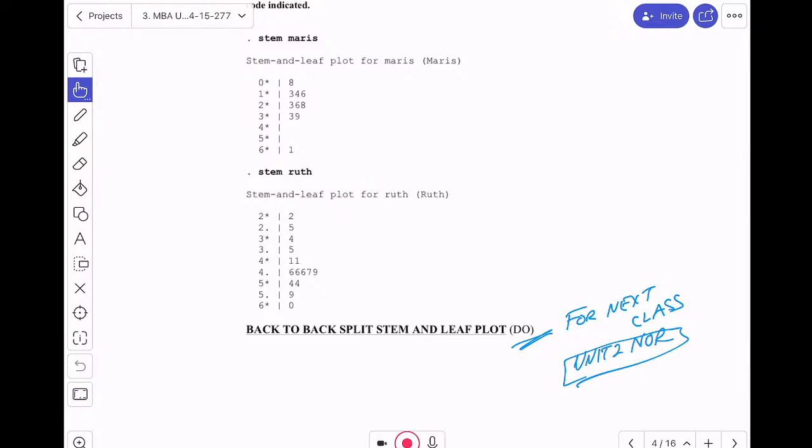So, I asked you to prepare the back-to-back stem and leaf plot. How many of you need some time to do that, or some instructions on how to do that?